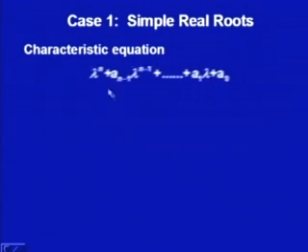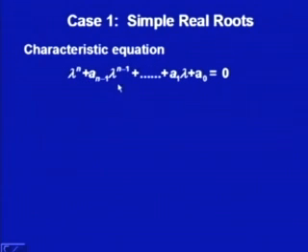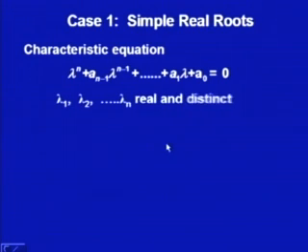So, case 1, simple real roots. That says if the characteristic equation lambda to the power n plus a n minus 1 lambda to the power n minus 1 and so on plus a 1 lambda plus a naught is equal to 0 has n roots lambda 1, lambda 2, up to lambda n, they are all real and distinct.